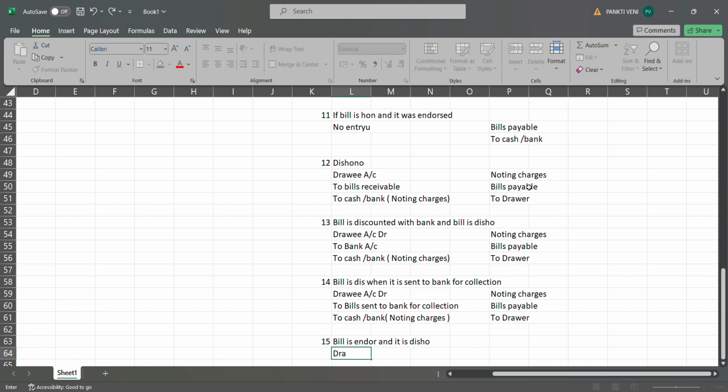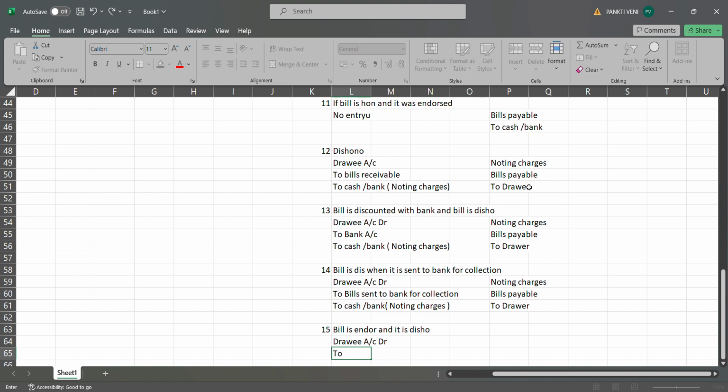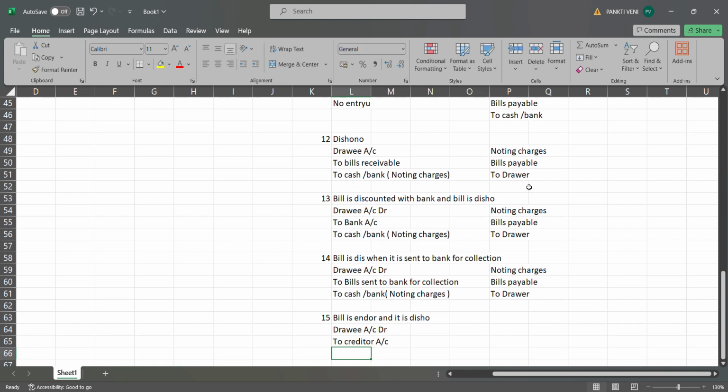In that case, it will be drawee account debit to creditor account. Here we will have to pay the bill value, whatever it is, plus we will have to pay noting charges. Here again it will be the same entry.